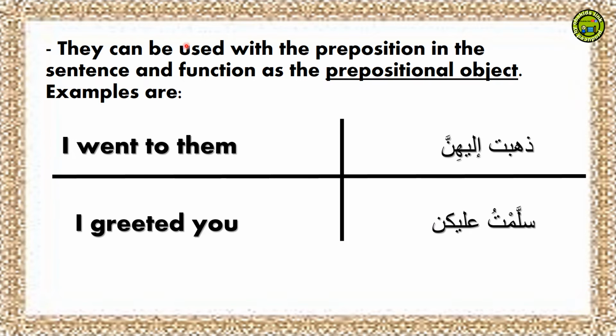They can be used with the preposition in the sentence and function as the prepositional object. Examples are ذهبت إليهن, I went to them. سلمت عليكن, I greeted you. So the prepositional object pronoun here is hunna and kunna.